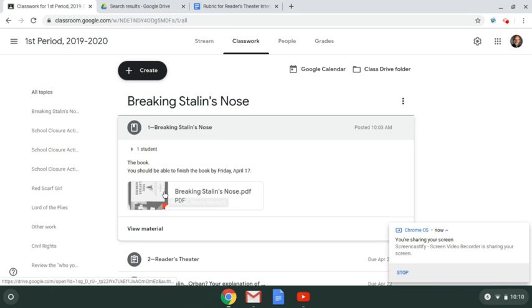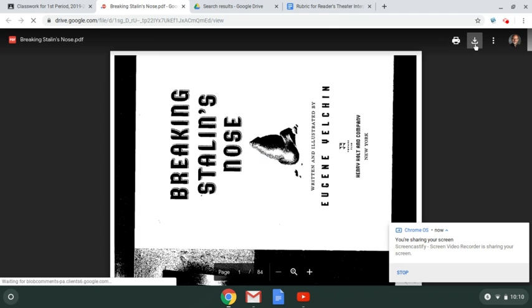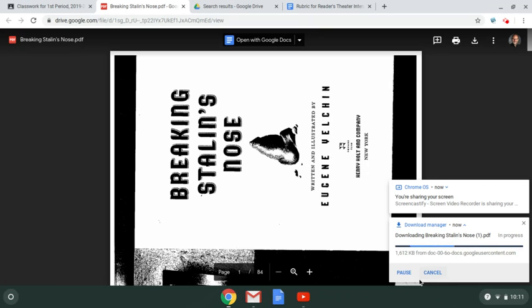You may need to click on the book, the PDF, and download it by whatever mechanism downloading happens for you. It's a little convoluted for me. There's the download button on the upper right. It may tell you need to open it in a new window.